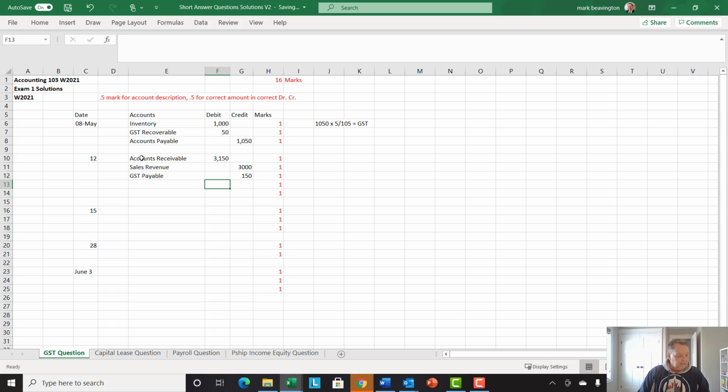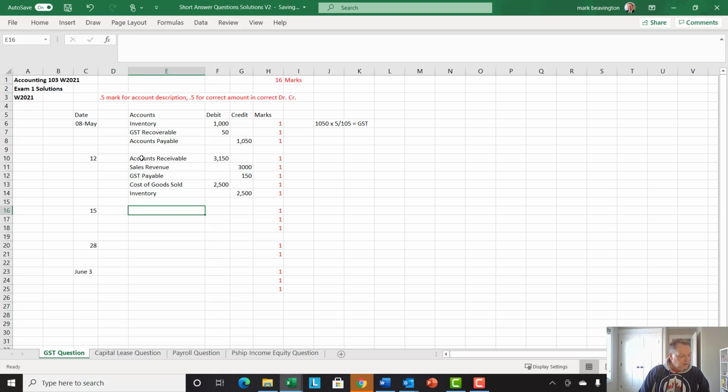We're also told that the cost of the merchandise that was sold was $2,500. So we've got cost of goods sold for $2,500, and we've got to take that out of inventory because they tell us it's a perpetual inventory system, $2,500.